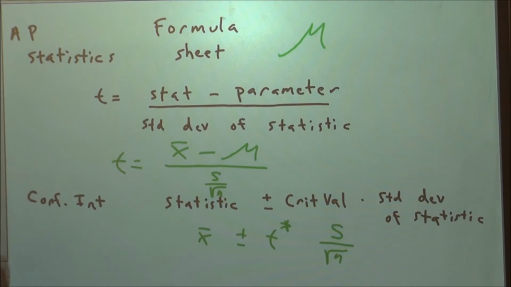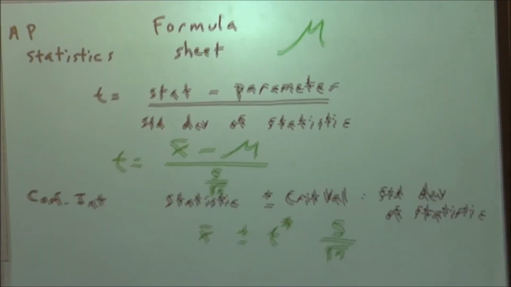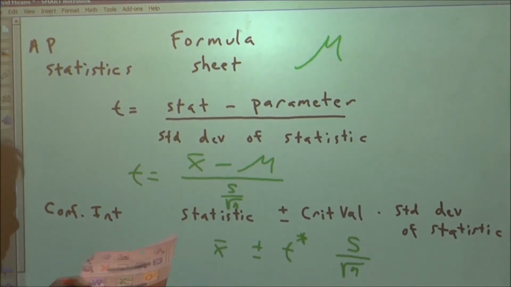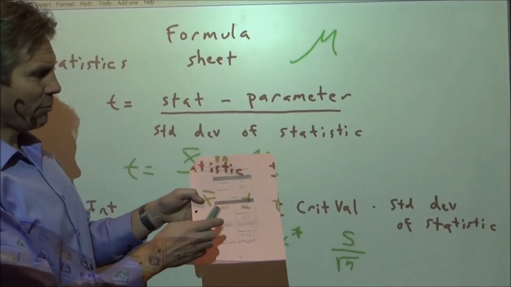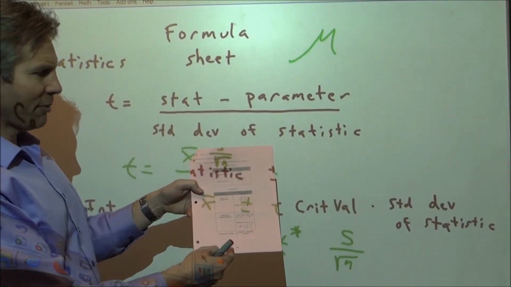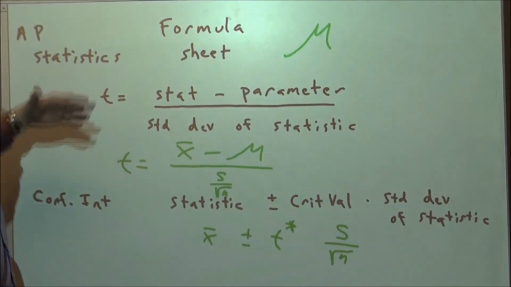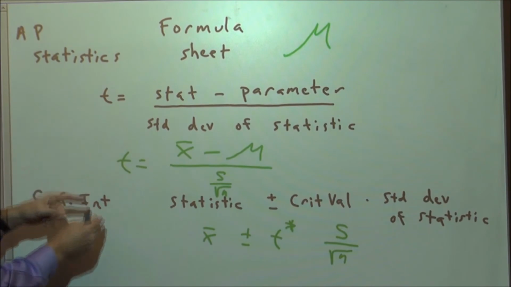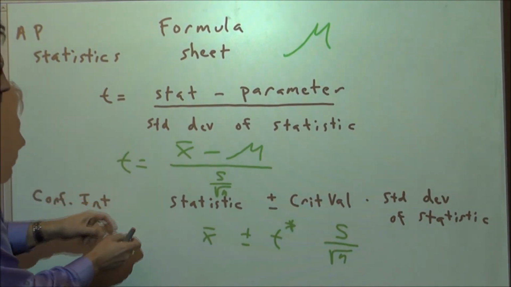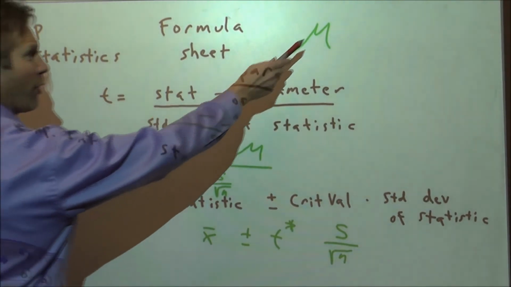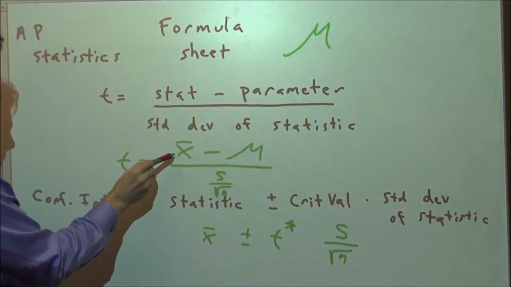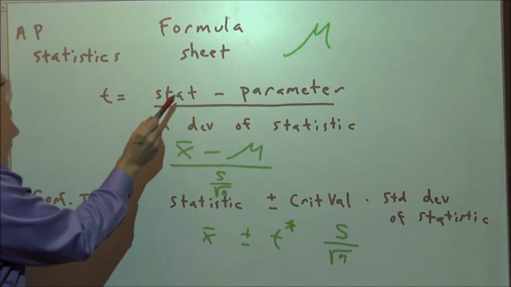And this, again, we go back to the formula sheets that we have on AP. These are good as gold. This sheet right here is the one you want to keep referring to for inference. It will give you your basic formulas for your test statistic and for your confidence interval. So if you understand your parameter mu and your sample statistic x bar, then this is gold.